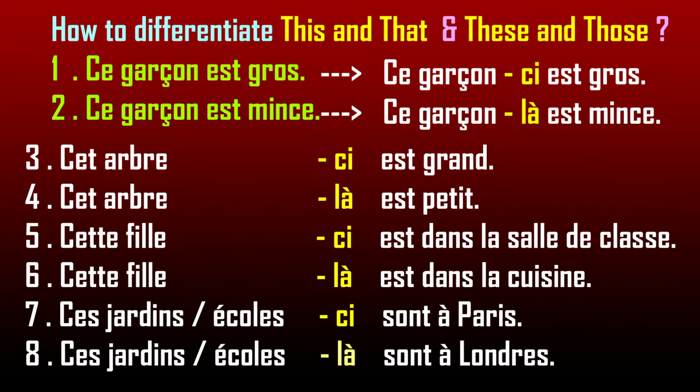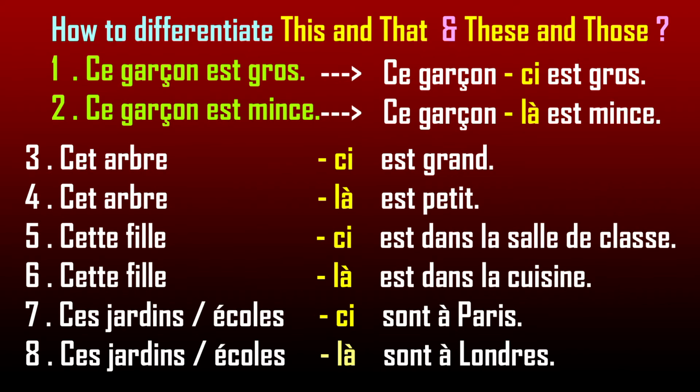Look at the second sentence. Ce garçon-là est mince. Là, L-A with a grave accent, means there. Now naturally, ce garçon-ci becomes this boy. Ce garçon-là becomes that boy.